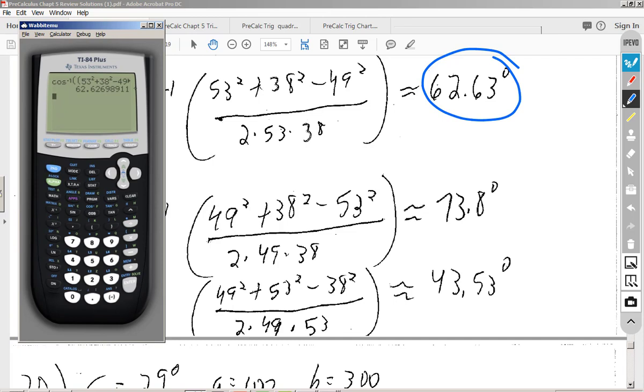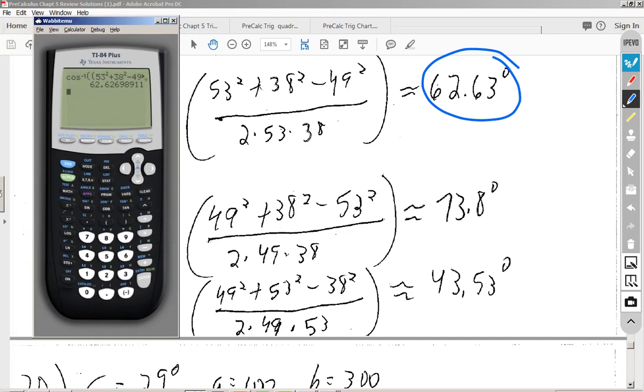So I'll repeat the same process with the other ones. Just make sure you're typing those in correctly. So notice you'll need parentheses. So I got cosine inverse, and I got parentheses, and then I'm going to need another parenthesis right here.